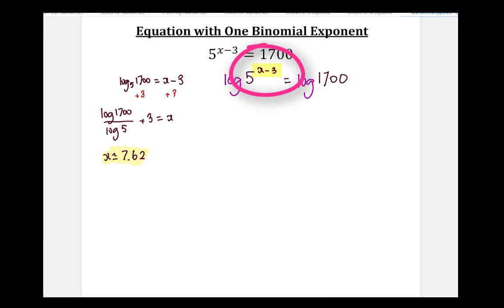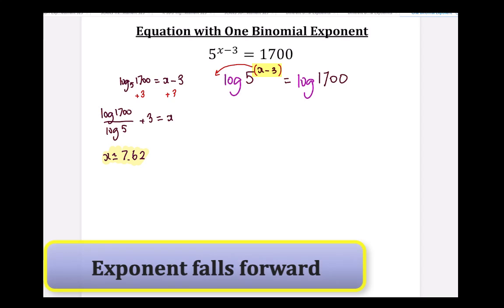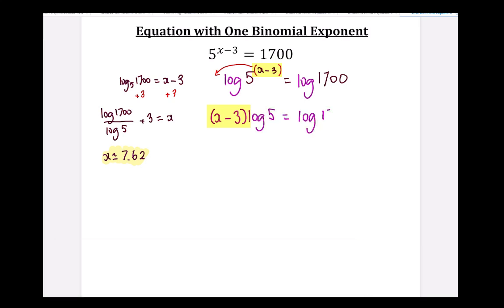When we take a look, we still have our variable up in the exponent, but now we can apply a set of brackets and we can have this exponent fall forward. In the next step, we're going to see that we have (x minus 3) times log 5 equals log 1700.